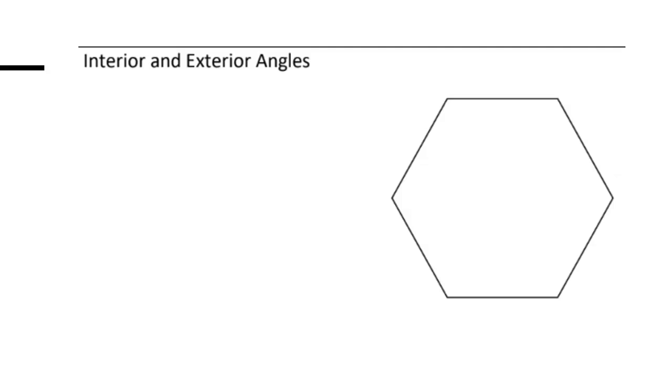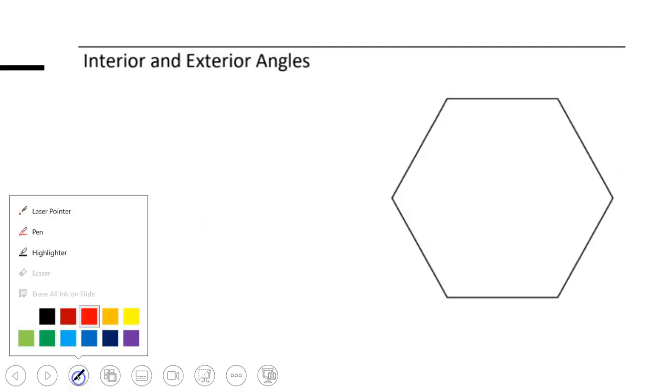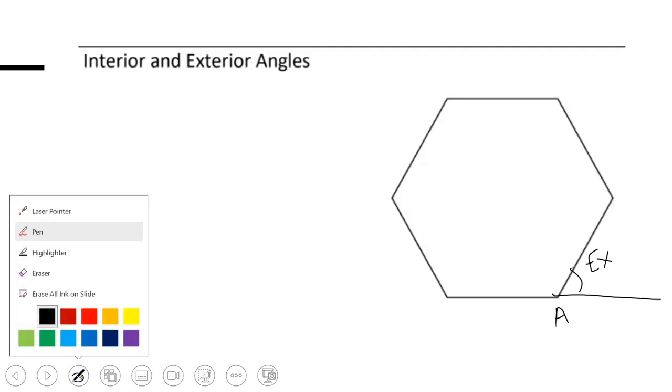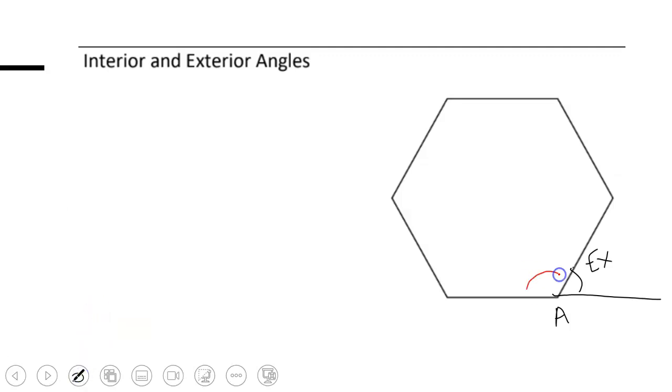Just so we're clear about what the definition is, an exterior angle is formed if I extend one side of the polygon and then form an angle with the adjacent side. So this is the exterior angle at this vertex, and then the interior angle would be the angle that we talked about yesterday at that same vertex.